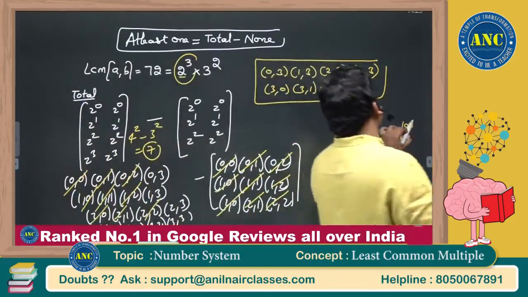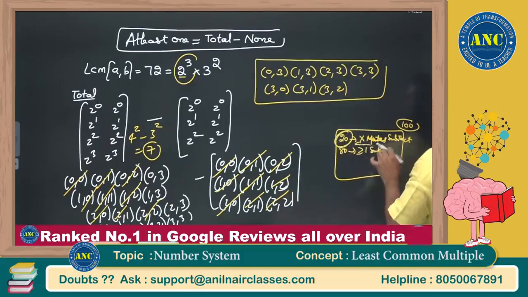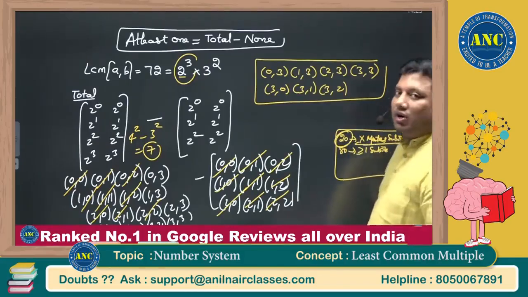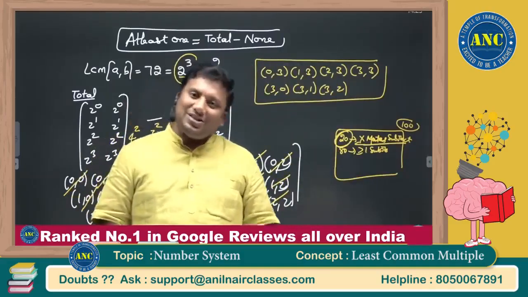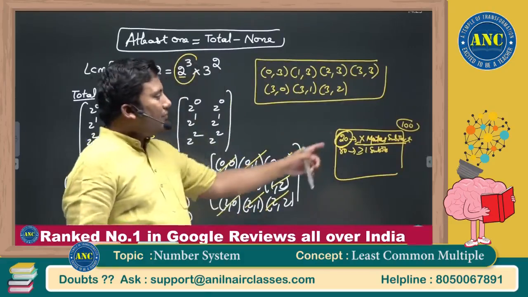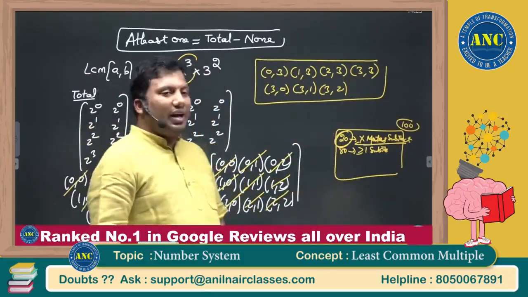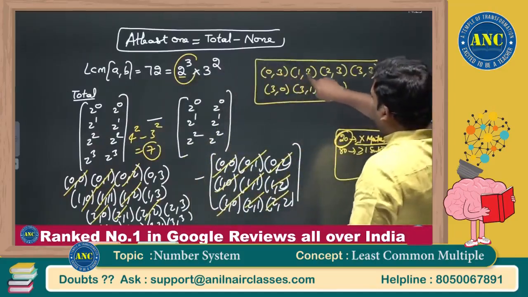So, from total, if I subtract the number of students who do not like a subject, I will get the students who like minimum 1 subject. Yes or no? 100 minus 20, it is 80. From total, if I subtract the number of students who do not like a subject, I get at least one. At least one of them contains 3.